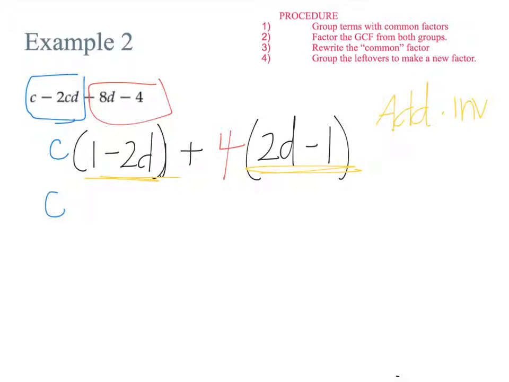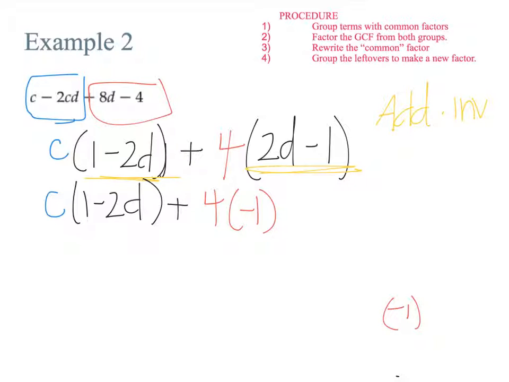So I'll bring down my c times 1 minus 2d, plus 4. Now I'm factoring out the negative 1. The 2d becomes negative 2d, and the negative 1 becomes positive 1. So I can rewrite this as 1 minus 2d.